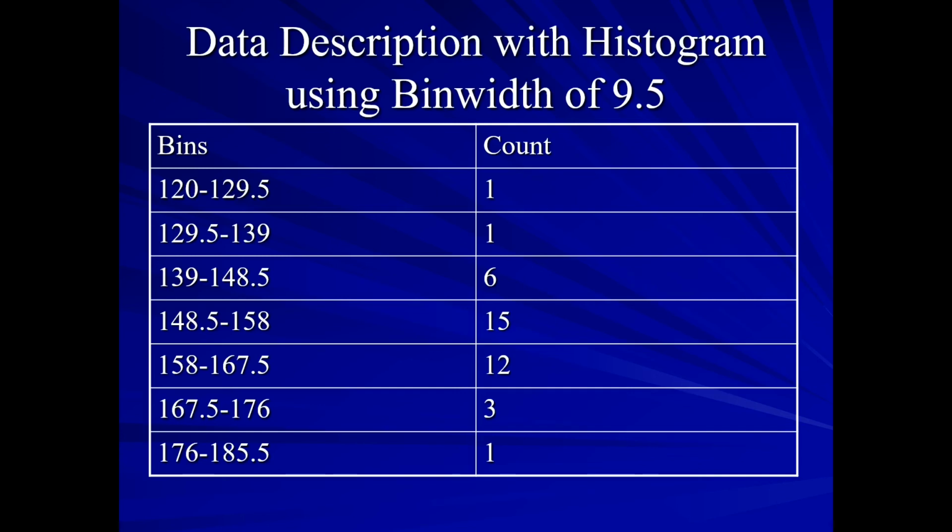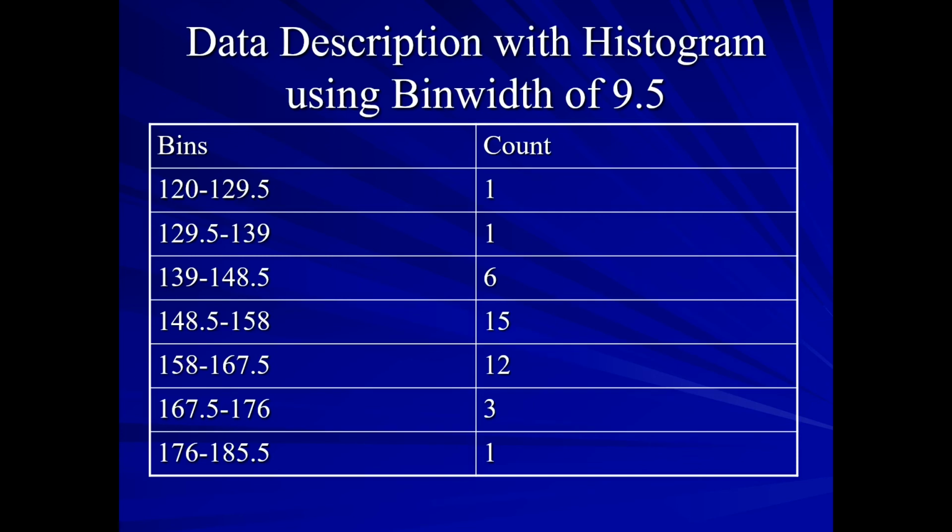From 139 to 148.5, there are 6. From 148.5 to 158, there are 15. From 158 to 167.5, there are 12. From 167.5 to 176, there are 3. And from 176 to 185.5, there is 1.